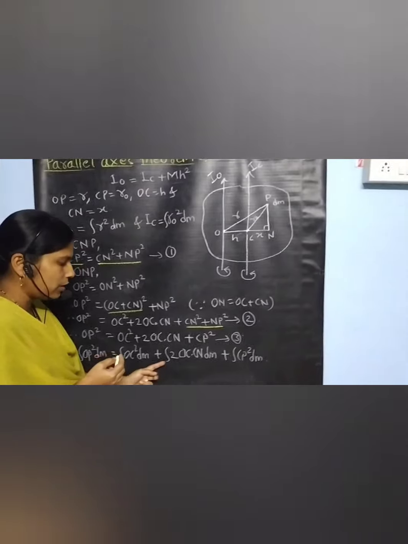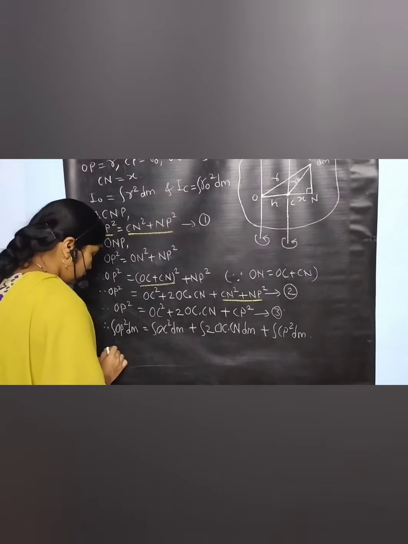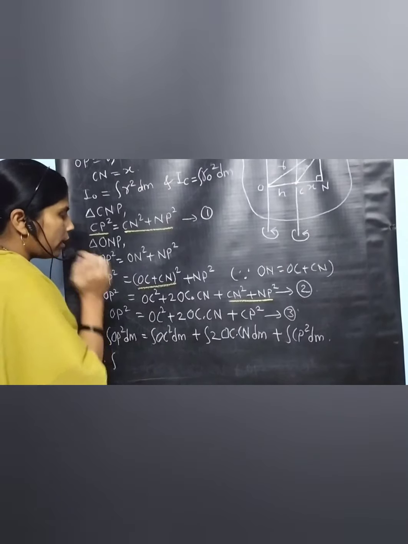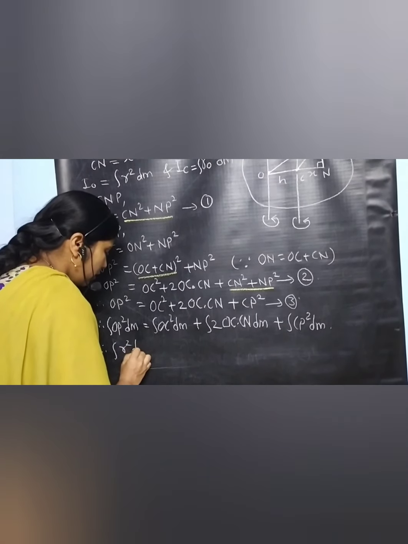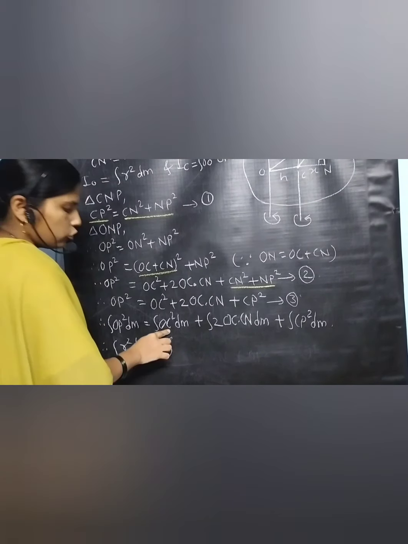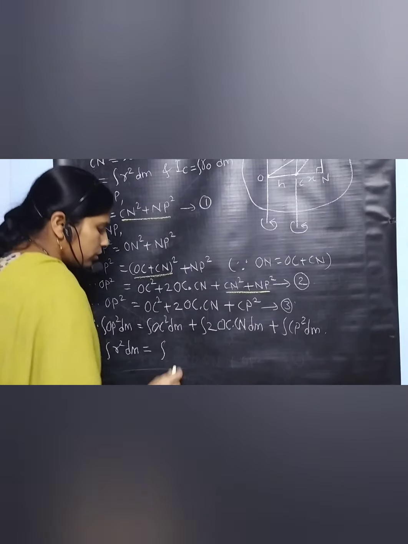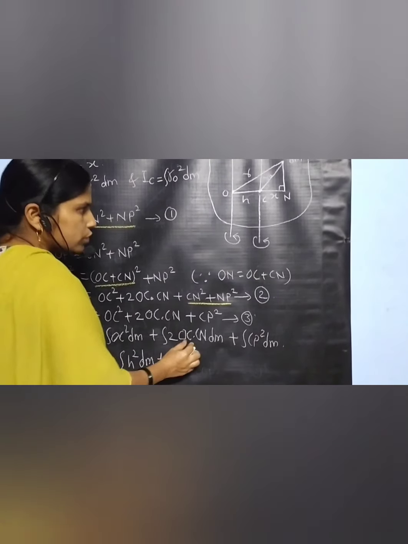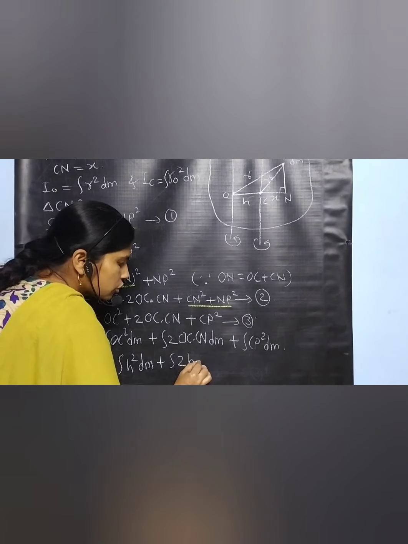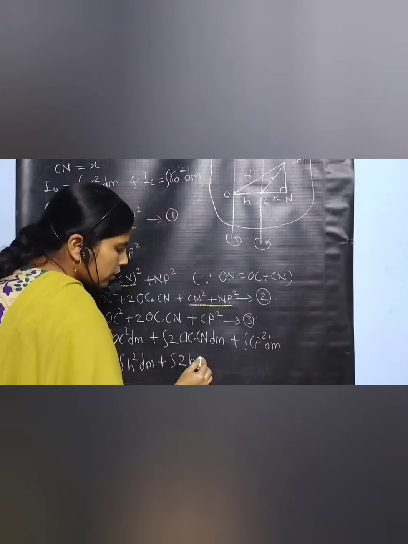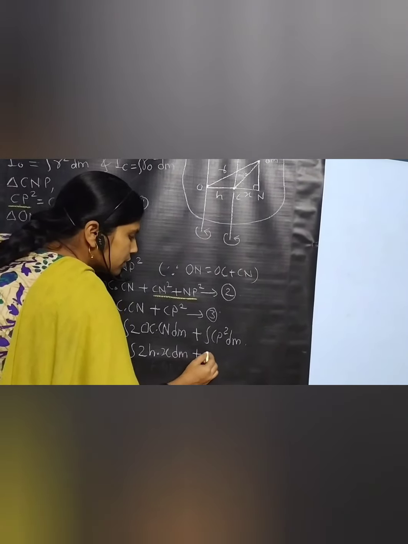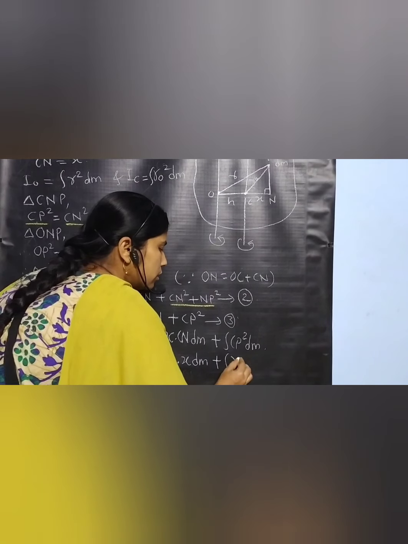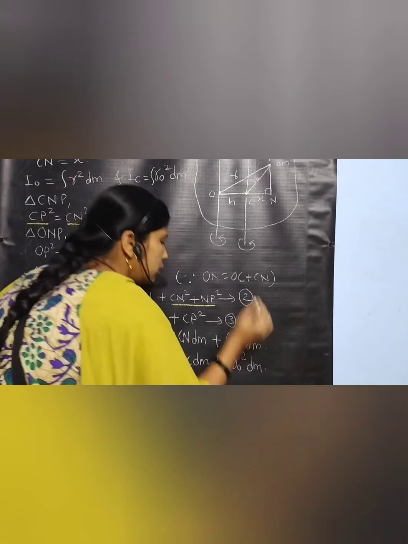So putting all the values into the equation, integration of OP square dm, with OP equal to R, gives integration of R square dm, which is equal to integration of OC square dm, with OC equal to H, so H square dm, plus integration of 2 OC into CN, that is 2H into X dm, plus integration of CP square dm, with CP equal to R0, so integration of R0 square dm.